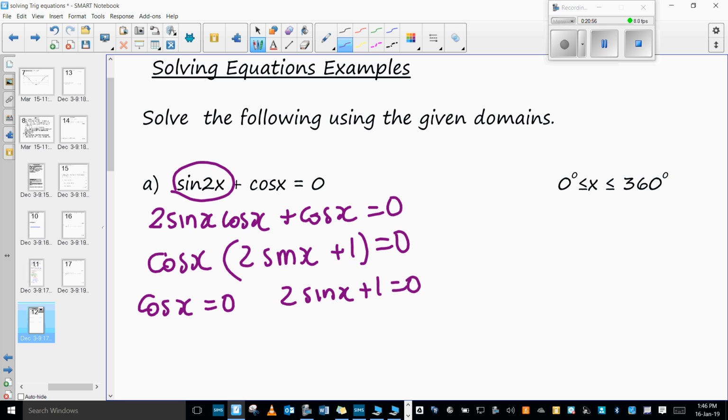Normal rules when we get to this point. So let's rearrange this right hand side so we could do them both together. So if I rearrange, this would become 2 sine x equals -1, yes? And then sine x equals -1/2.